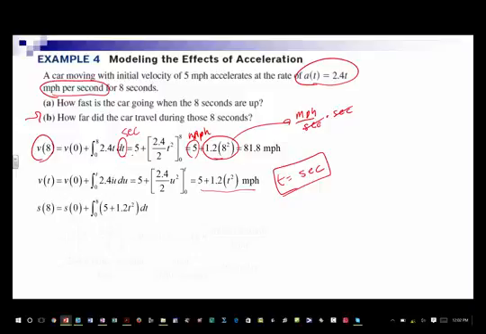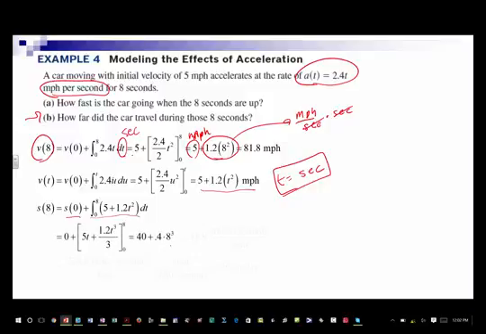So now that we have a velocity equation, we've got an initial position plus a velocity being integrated with respect to time. There we go.